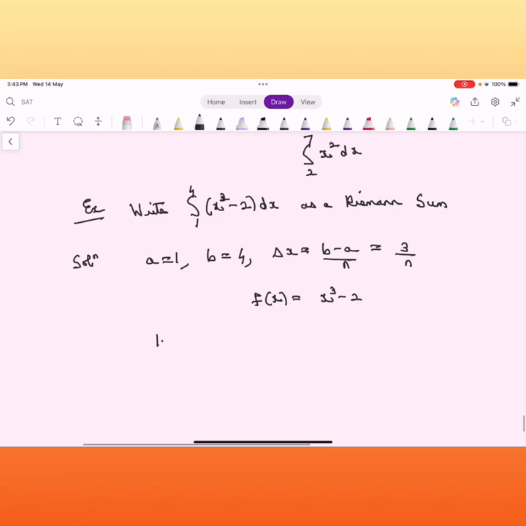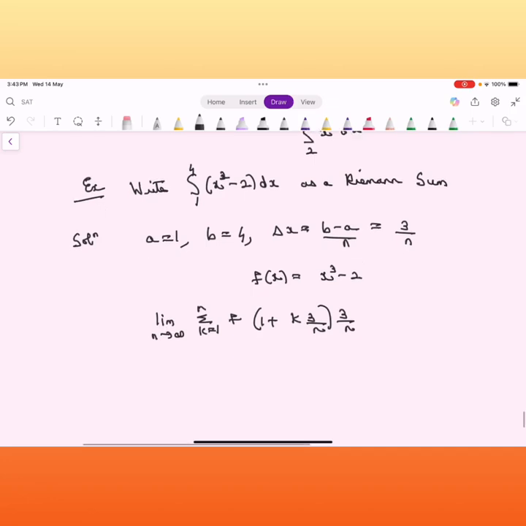So if you apply the formula, the limit as n tends to infinity, summation k equals 1 to n, f of (a is 1 plus k delta x is 3 by n) into delta x, 3 by n. This will be the Riemann sum.